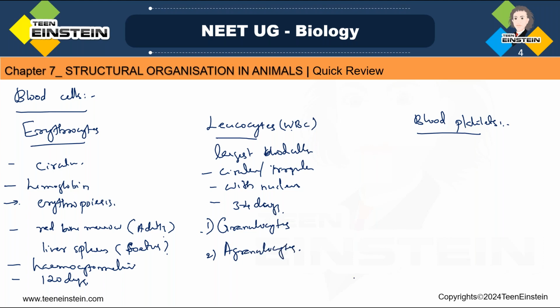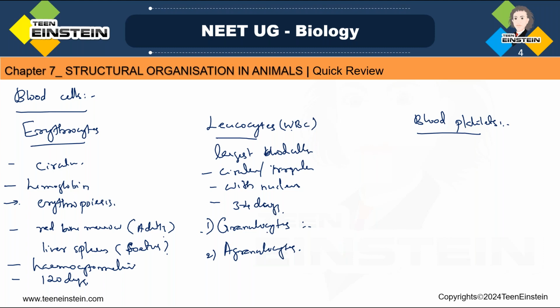So granulocytes have a lobed nucleus with granules. They are granular with a lobed nucleus, and these granulocytes are of three types: neutrophils, basophils, eosinophils. Neutrophils have a highly lobed nucleus, that means 2 to 7 lobes, and they have hydrolyzing enzymes which kill the microbes by phagocytosis.